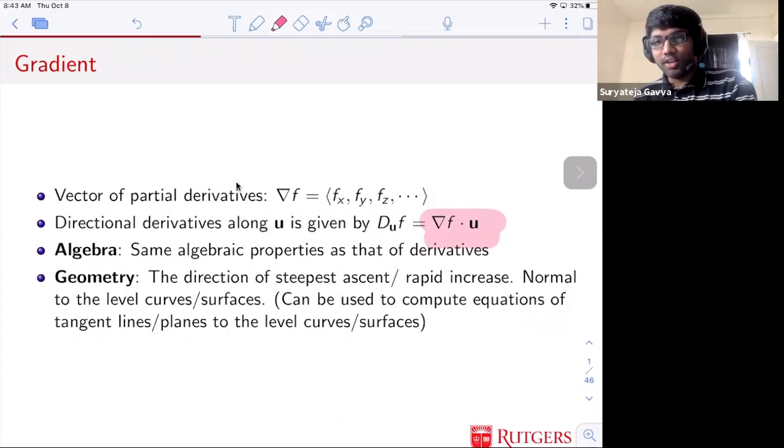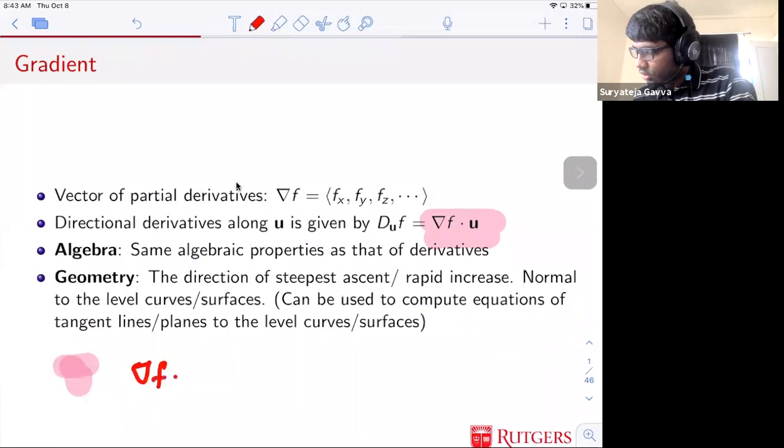The gradient dot u is the magnitude of the gradient times the magnitude of u, a unit vector, times cosine theta.